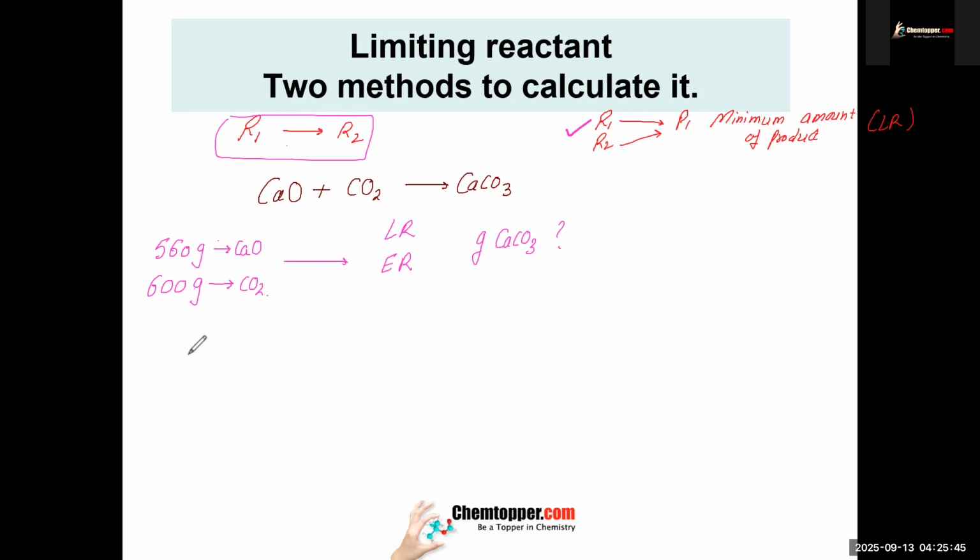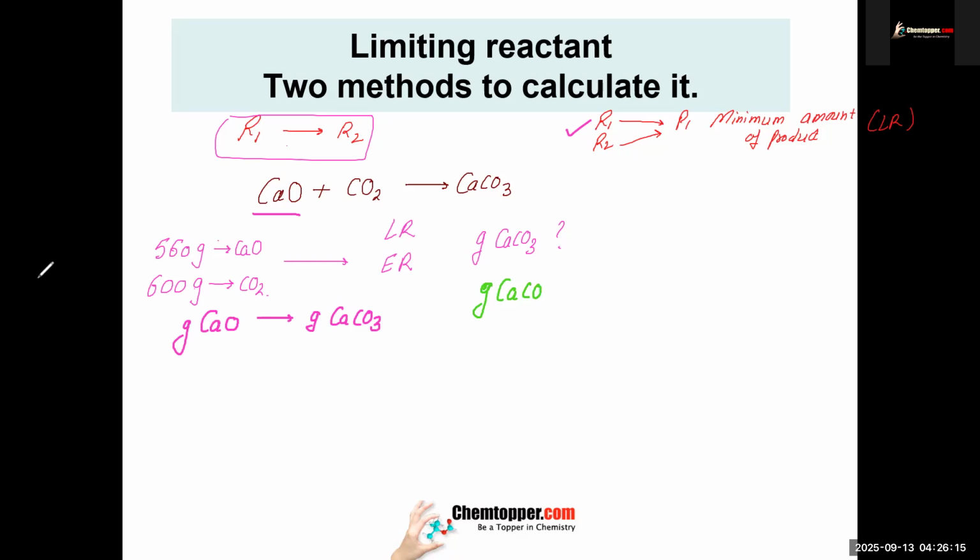So reactant 1 is, let's say, grams of calcium oxide. Convert that into grams of calcium carbonate. How to do it? Vihan and Dash, can you help me, both of you? I will start with grams of calcium oxide.